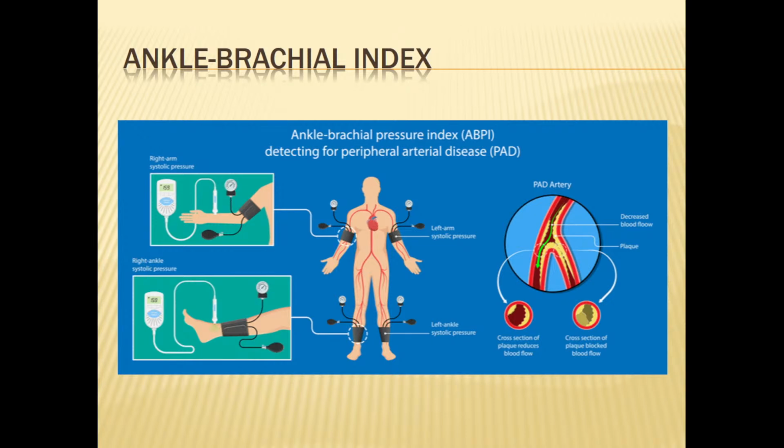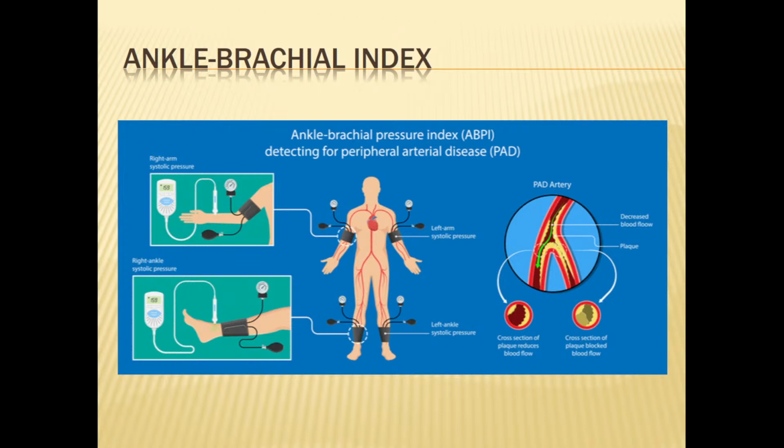For this method we need a special device because it is impossible to make auscultation of arteries on the ankle. They are deep and difficult for auscultation. So we have to put a probe to feel pulsation of this artery.